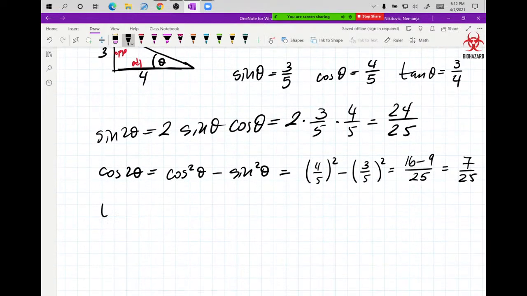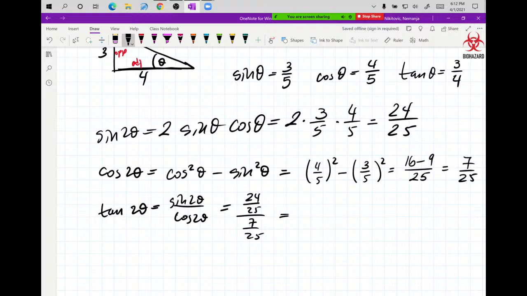And finally, tangent. Now, you can get the tangent by simply dividing sine 2 theta over cosine 2 theta, so you don't even have to use the formula over there. It's 24/25 divided by 7/25, and that is when 25s would cancel, right?